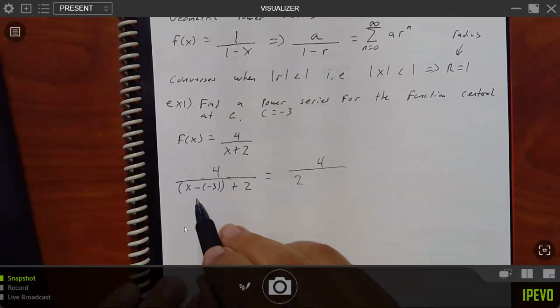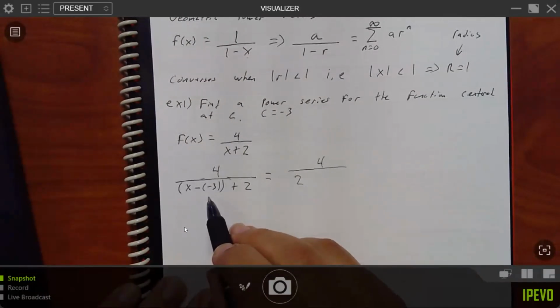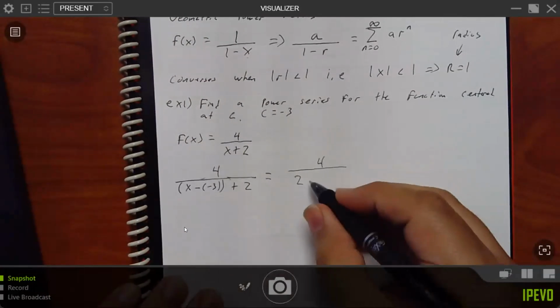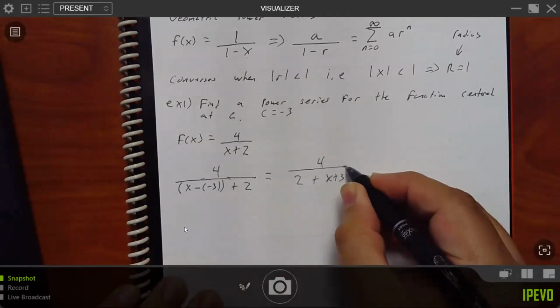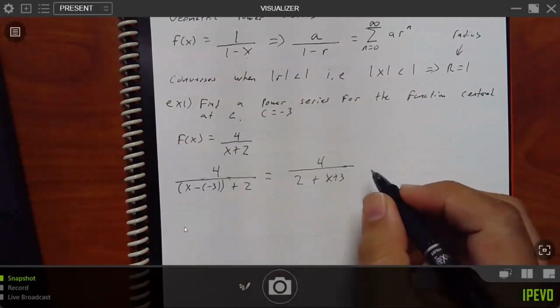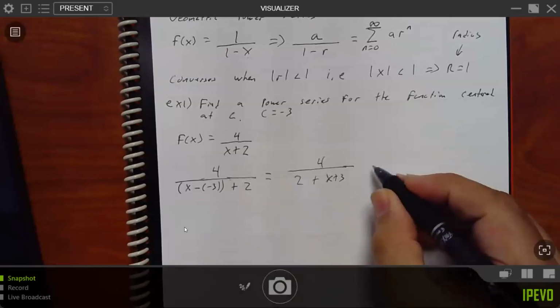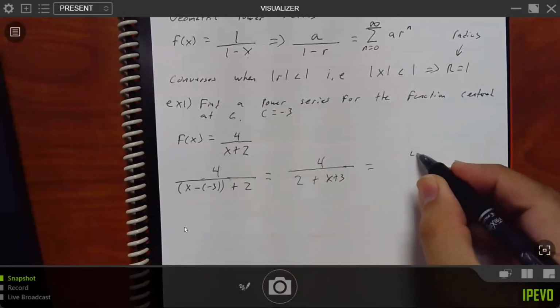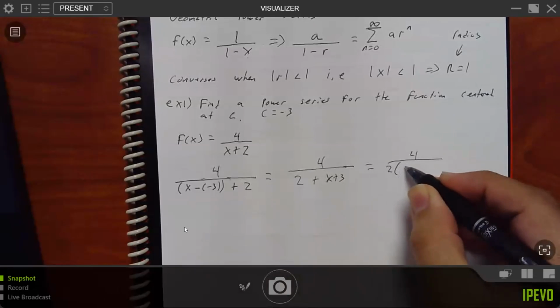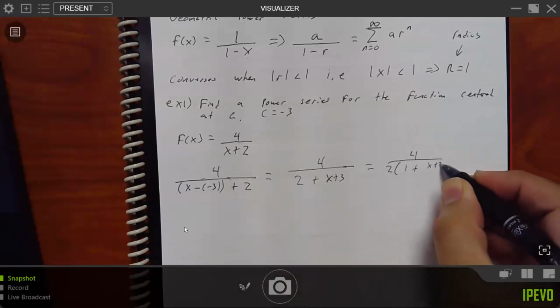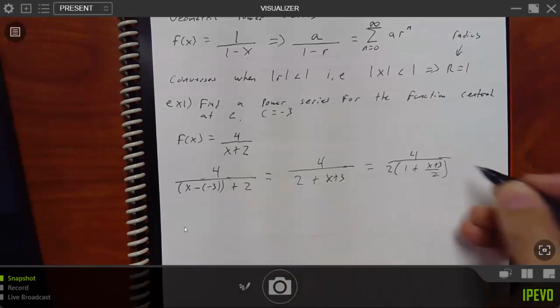That'll be x plus 3, right? Now I need to have a 1 here, so I'm going to factor a 2. If I factor a 2, that'll be 1 plus x plus 3 over 2, right?